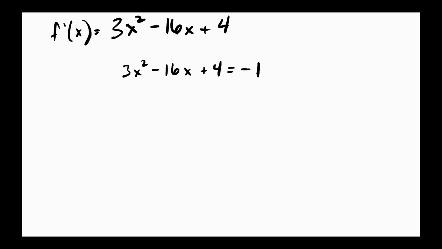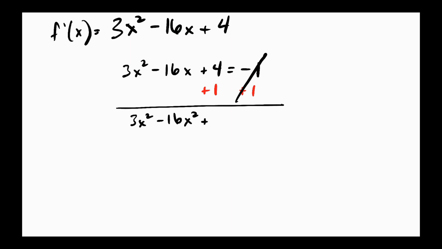It's a quadratic again, so I'm going to add 1 to both sides and set it equal to 0. We get 3x squared minus 16x plus 5 equals 0. Oh yeah, sorry, yep, that doesn't belong there. Thank you.